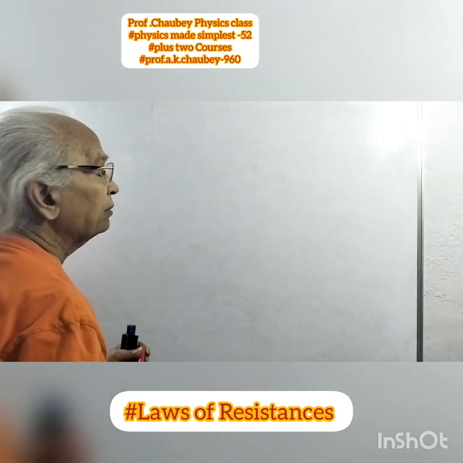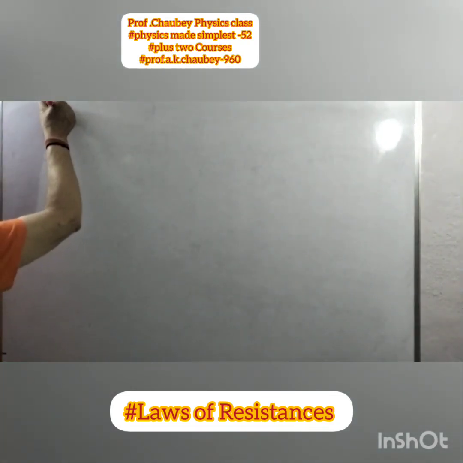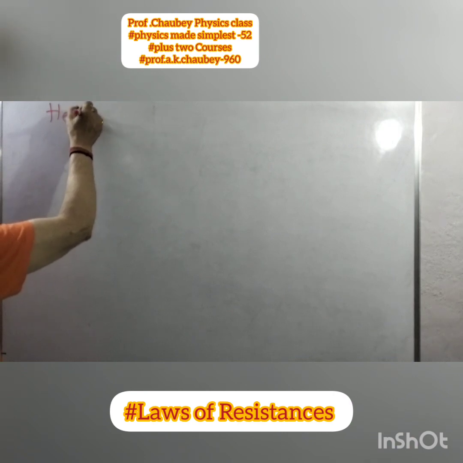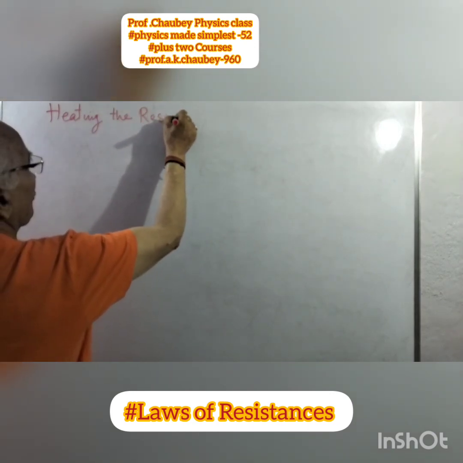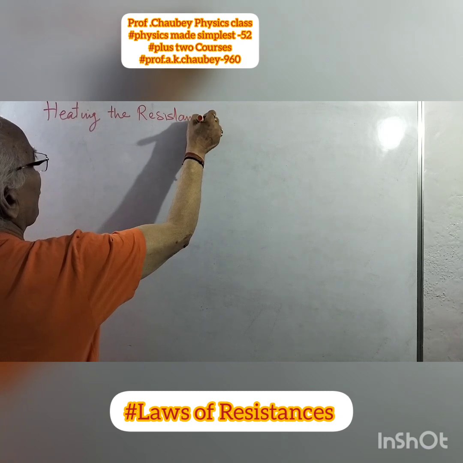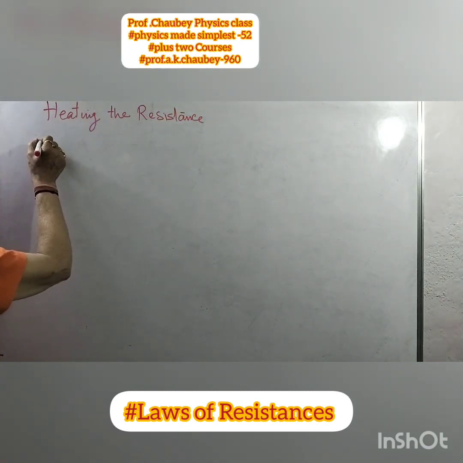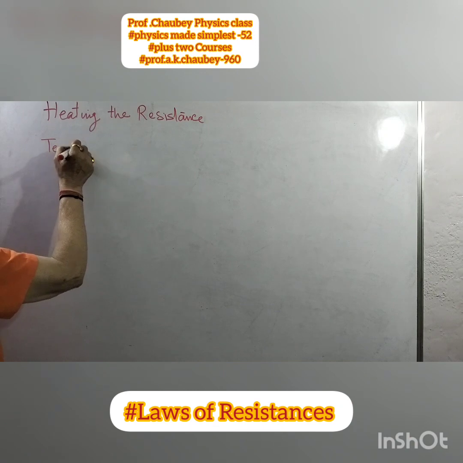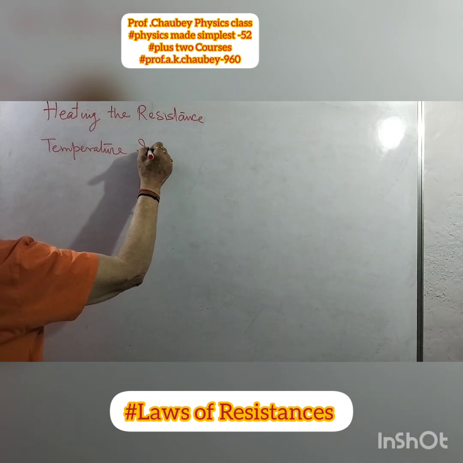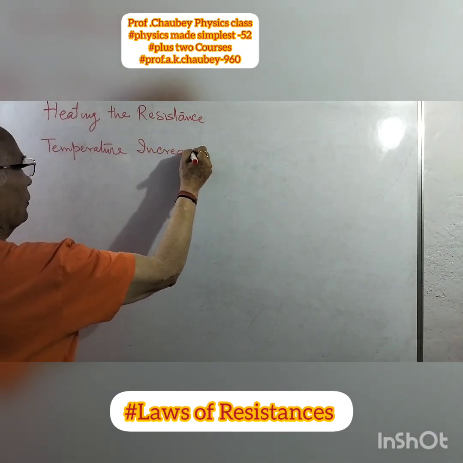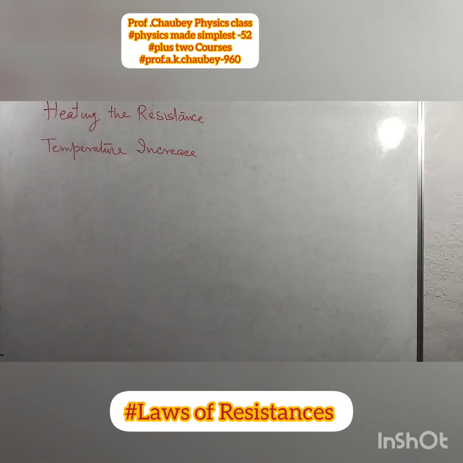What is the effect of heating the resistance? That means temperature increase. If the temperature of a resistance is increased, any resistance, how the resistance varies, that we want to see.